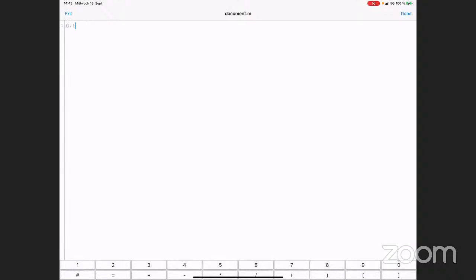0.1 times 10,000 will be 1e4. It's 9.8 times 75, right, and divide by 100 kilogram times 800 joule per kilogram Kelvin, right?